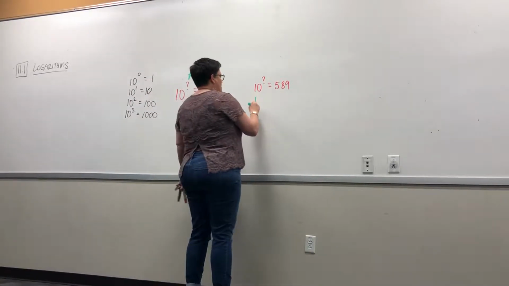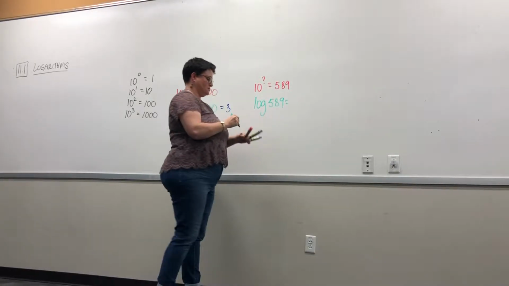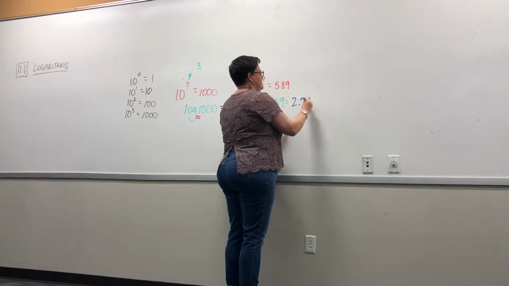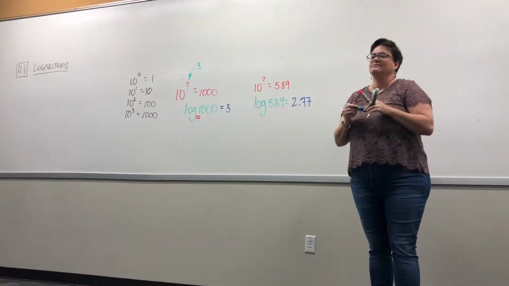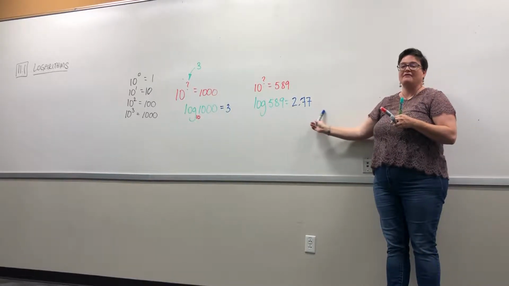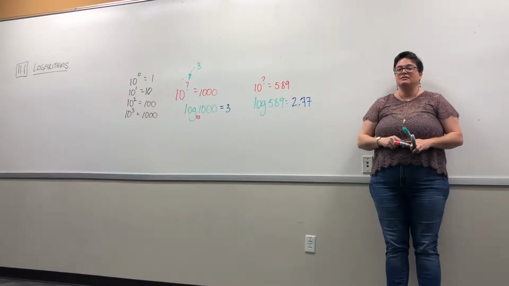So if you do log of 589, what's the answer? 2.77. 2.77 exactly? 2.77011525. So if you plugged that into your 10 to the power whatever, you would get out 589. You guys with me? That's all logs do.